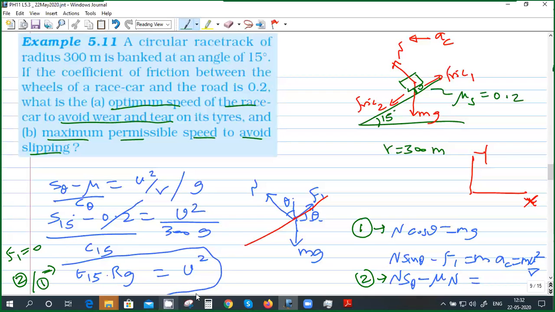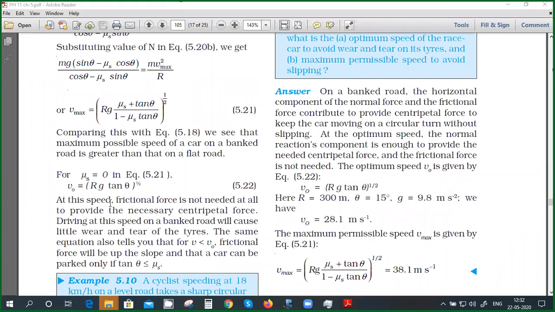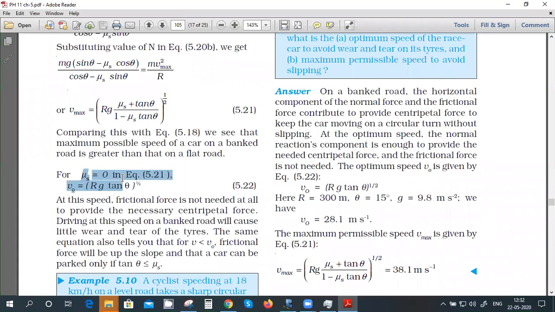Daksh, getting it? Yes, sir. So from that we get v square equal to tan 15 into R into g, where R is 300 meters. That's what he has done here. This is mu equal to 0. From that we get v naught as the square root of Rg tan 15.